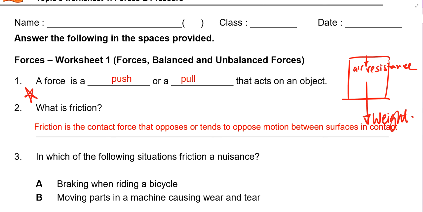But once the ball leaves my foot, is there still any upward force acting on it? Is there anything pulling it up? Have or don't have? What is pulling it up? Is there anything pulling the ball up? Don't have. I gave it an initial kick already. It is now traveling upwards. Nothing is pulling it up.